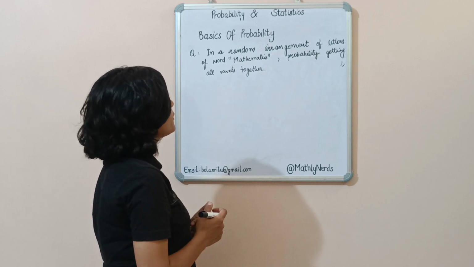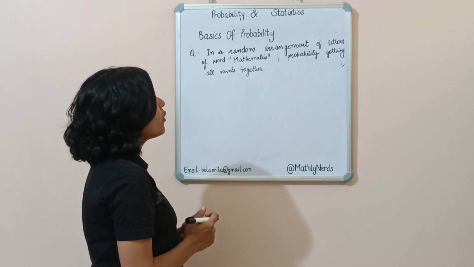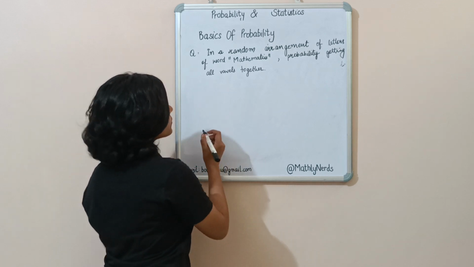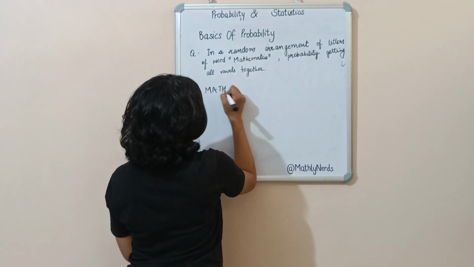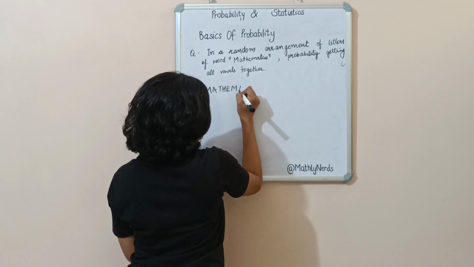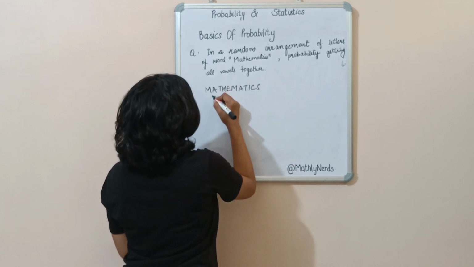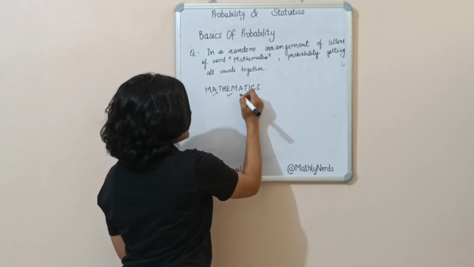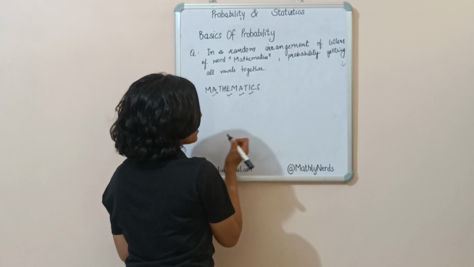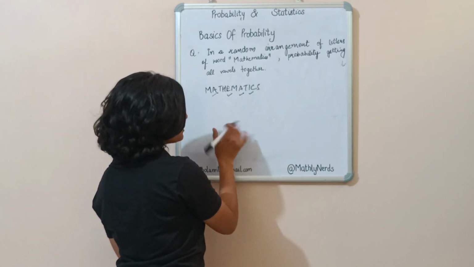The next question is, in a random arrangement of the letters of the word mathematics, find the probability of getting all vowels together. Our word is mathematics. We have vowels A, E, A, I. So we have to put these four vowels together.